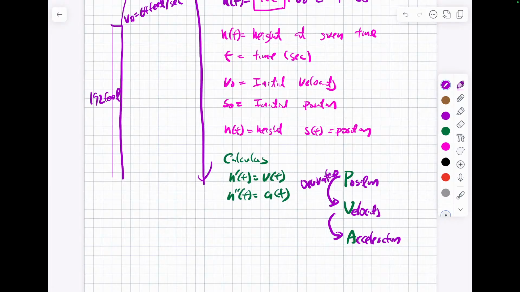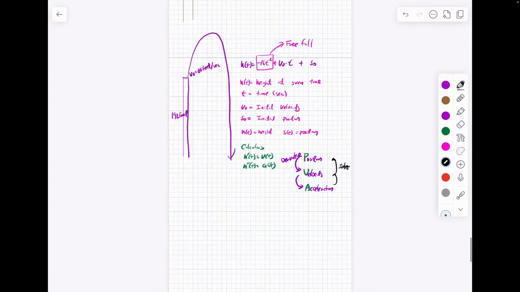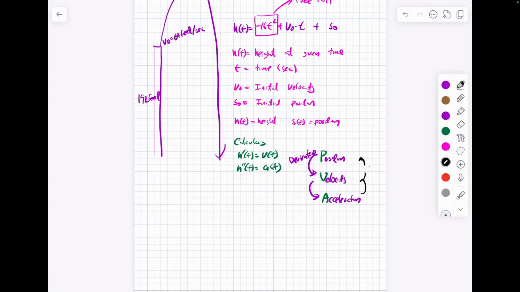If you're going up, it's integration, or integral, or antiderivative. So if you're going up, it's antiderivative. If it's going down, it's derivative. Position, velocity, acceleration. If I integrate, it's going to go from acceleration to velocity. It's going from velocity to position.